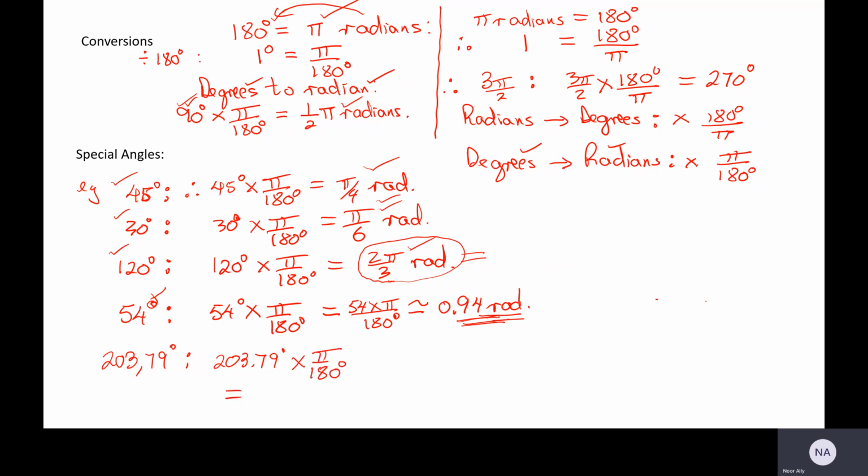Let me take my calculator out: 203.79 times pi, divide that by 180, I get an answer of 3.557.